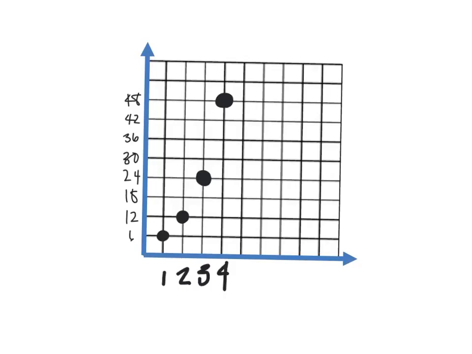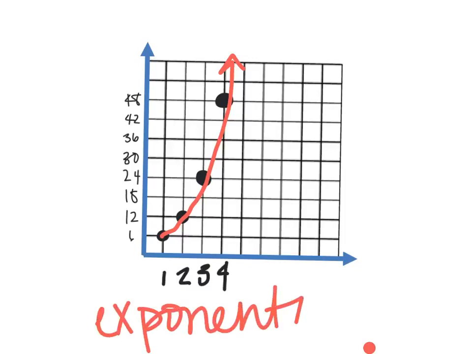It'd be parabolic looking, like half a parabola. It's actually an exponential function is what it is. If I were to connect it, it would look something like that. And this is called an exponential function. This shape right here is an exponential function.